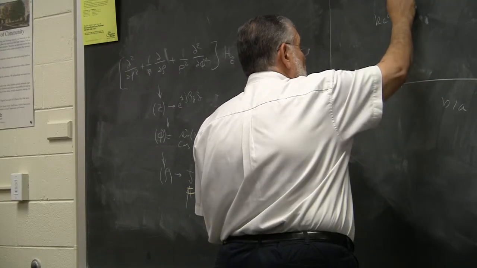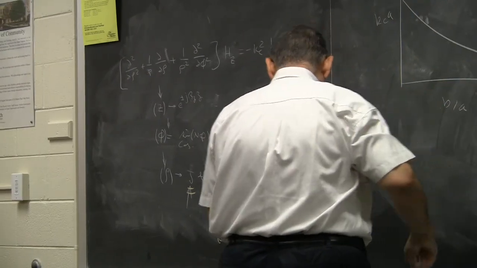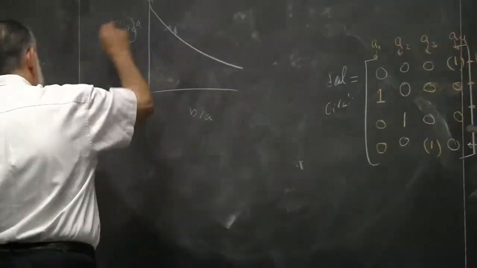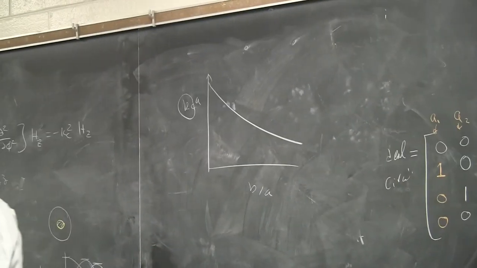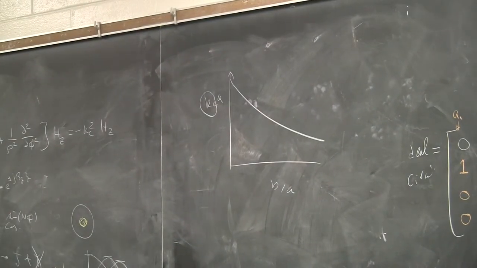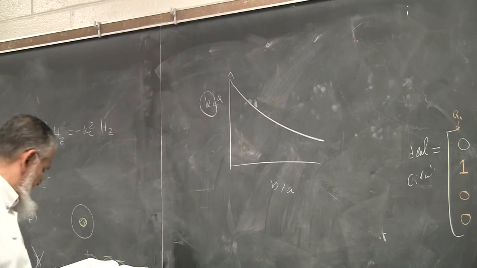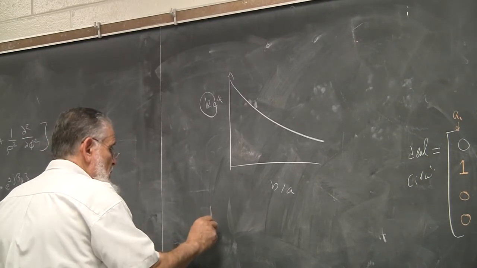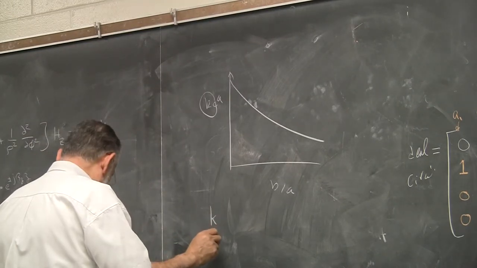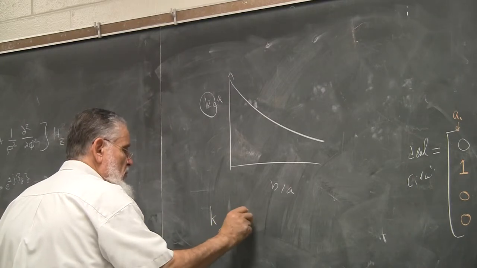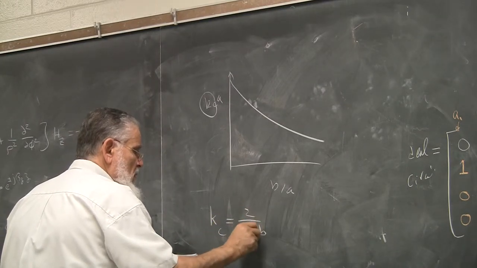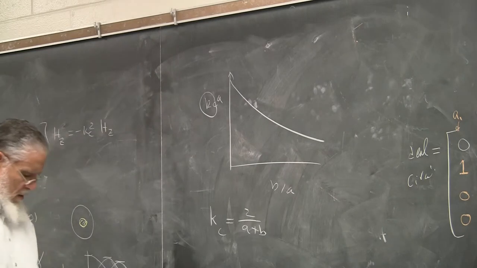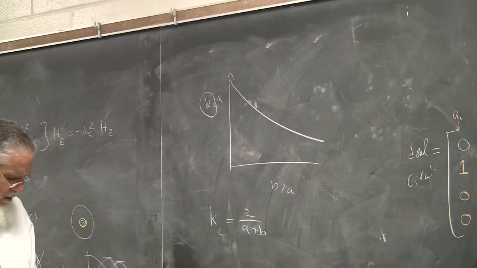It goes a diagram like this. So from that you can find the K sub c that you have, and approximately the formula that is typically used in practice is K sub c is equal to 2 over a plus b. Right? That's the magic formula that we can come up with.